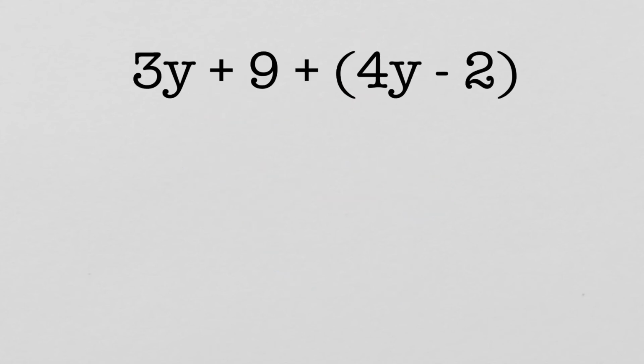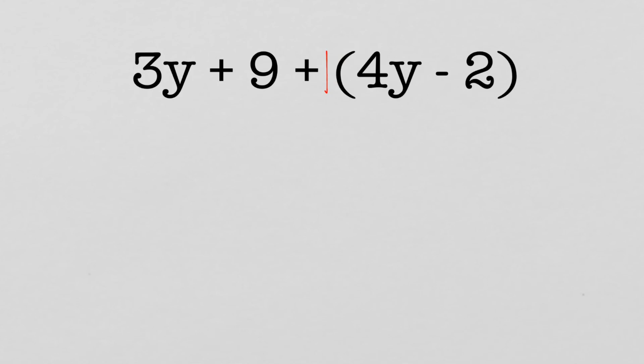Now, sometimes we have the distributive property more towards the end of the expression. And in this case, I also gave you one where, if you notice, there is no number to multiply here for the distributive property. In those cases, remember, we simply put a 1 outside the parentheses and we distribute that 1.